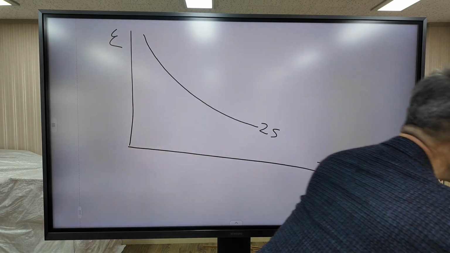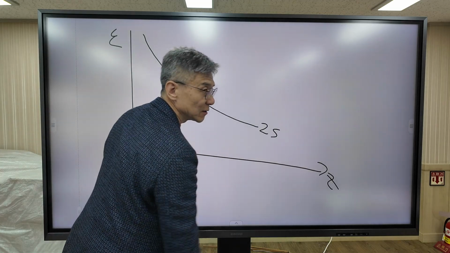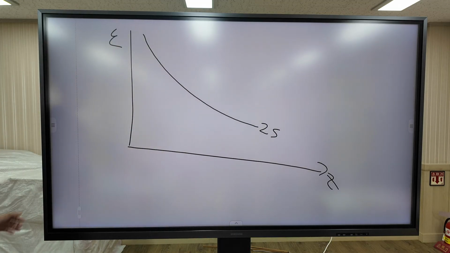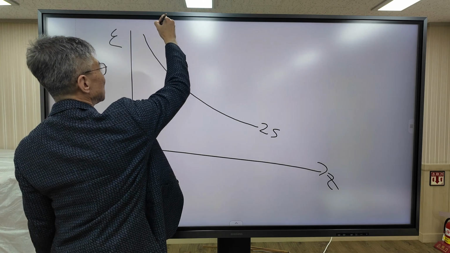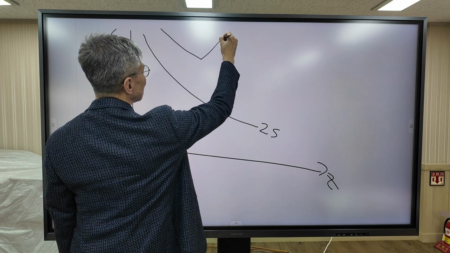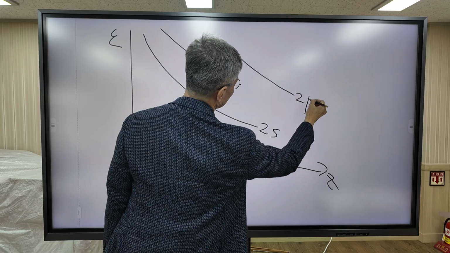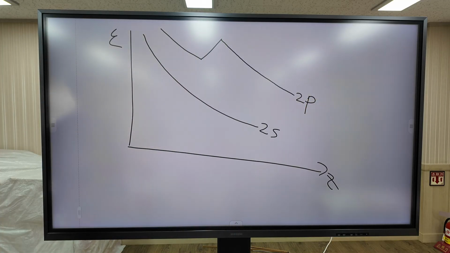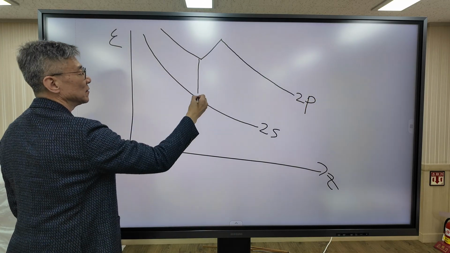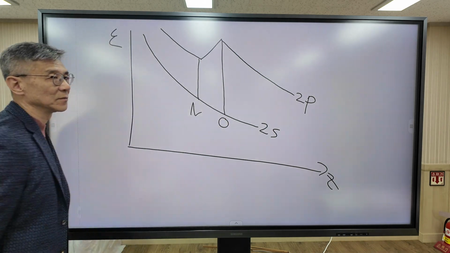The orbital energy monotonically decreases as the atomic number increases. But for 2p orbital, there's a kink. This is the orbital energy of 2p orbital. There's a kink: slightly increases after continuing to decrease. This point is nitrogen. This point is oxygen.